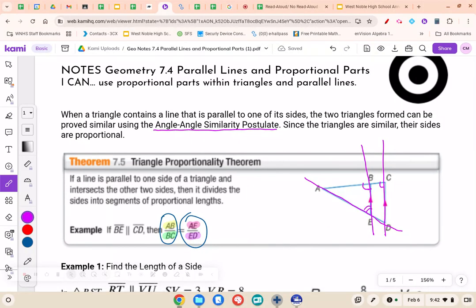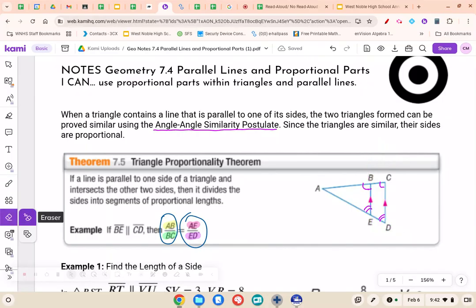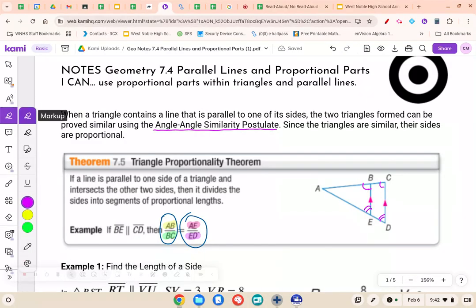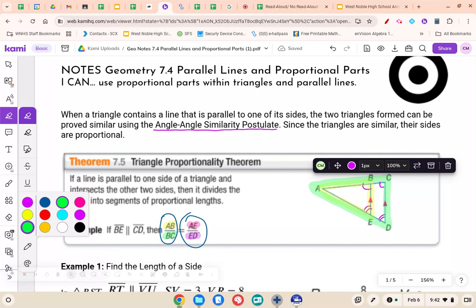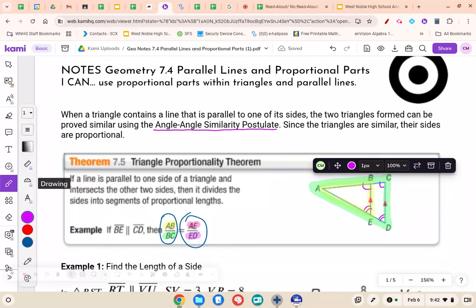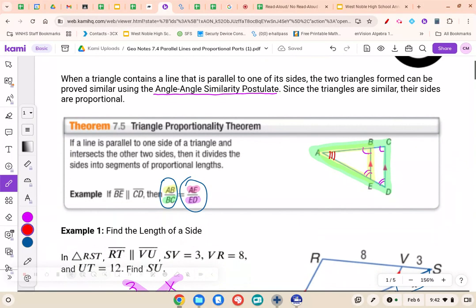These angles are corresponding angles, so they are congruent. So if you notice, our two triangles, this small one right here, and the larger one right here, we have those two sets of angles congruent, so by angle-angle similarity, the triangles are similar. I also want to point out that they both share this angle by reflexive property. So you could find a lot of congruent angles here.